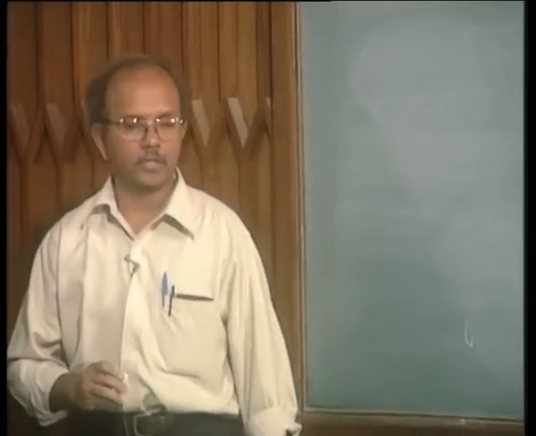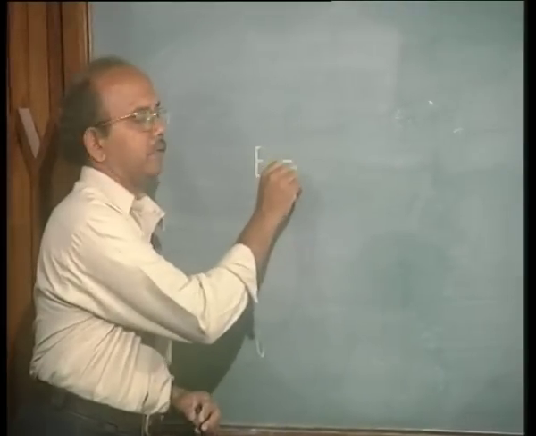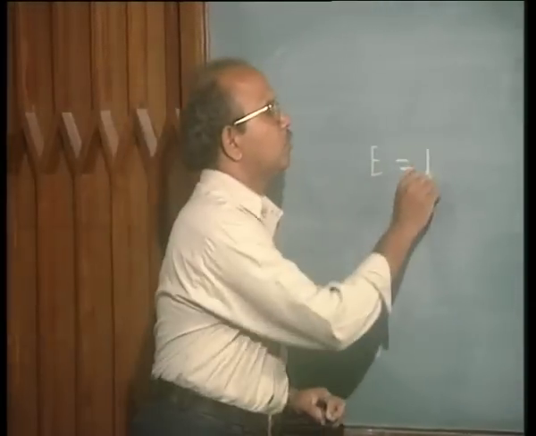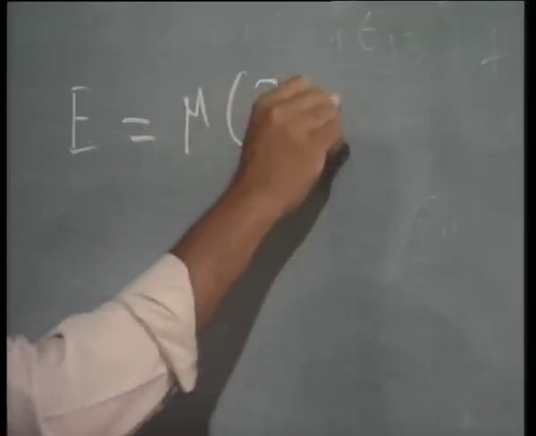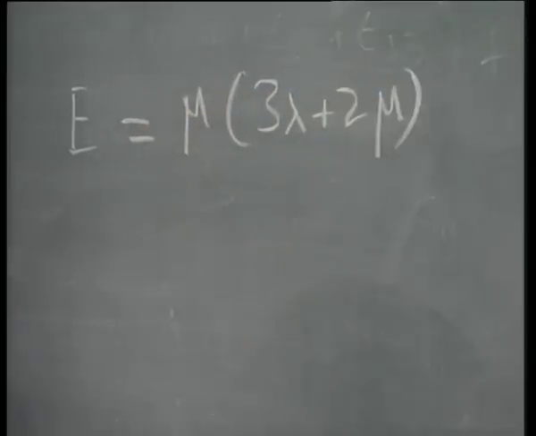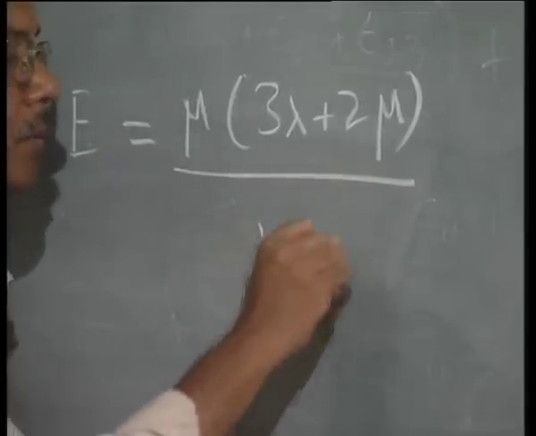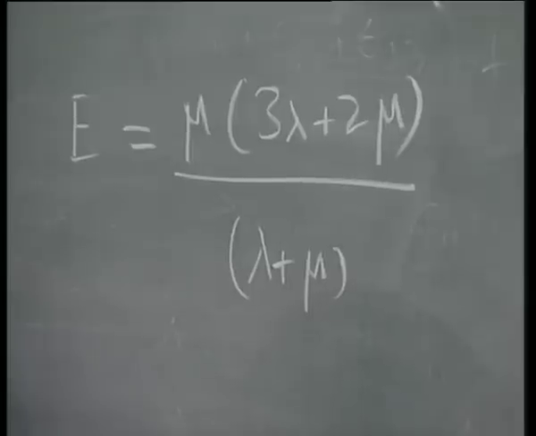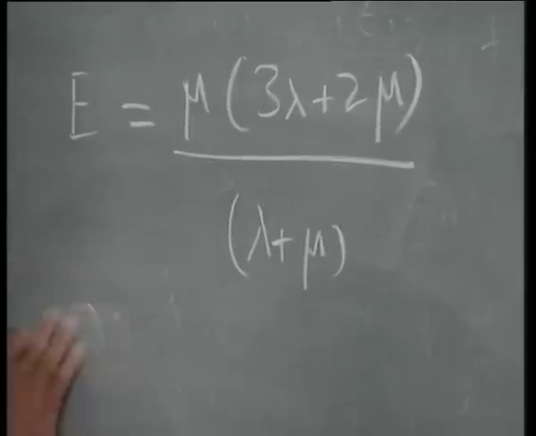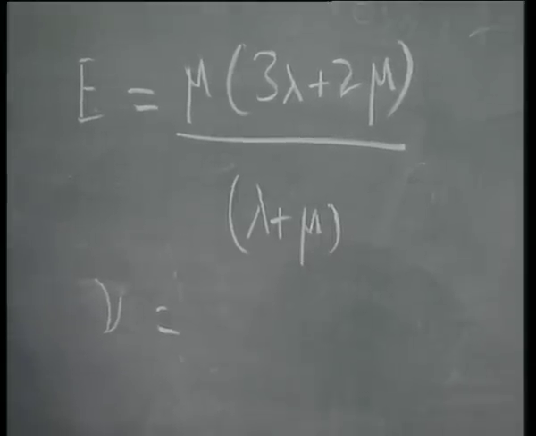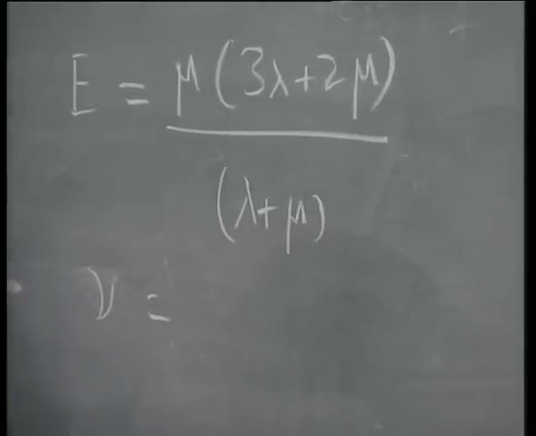Okay. So by inverting it, I get E is equal to mu into 3 lambda plus 2 mu divided by lambda plus mu, and nu is equal to, sorry, that is what we derived now.